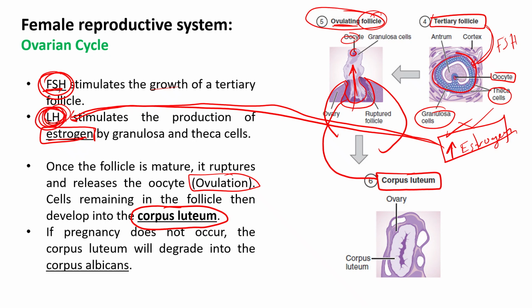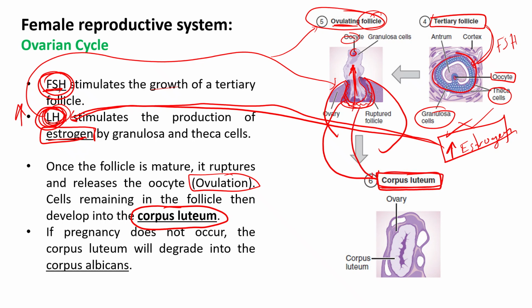This high peak of LH is the trigger for the release of the egg from the follicle. This process is what we call ovulation. After ovulation, the remaining cells of the follicle are called the corpus luteum, and those are the cells that will keep producing progesterone.